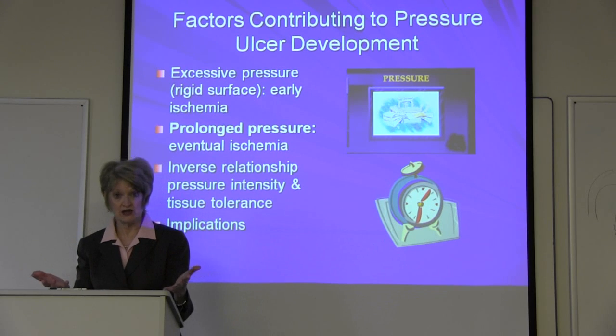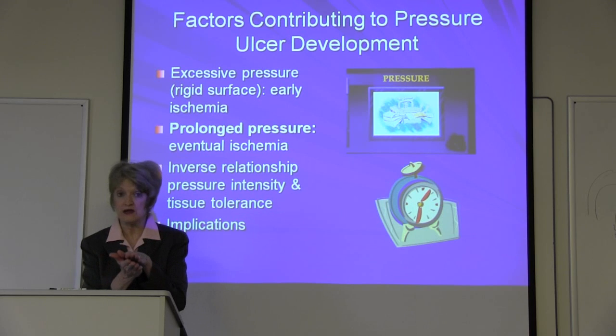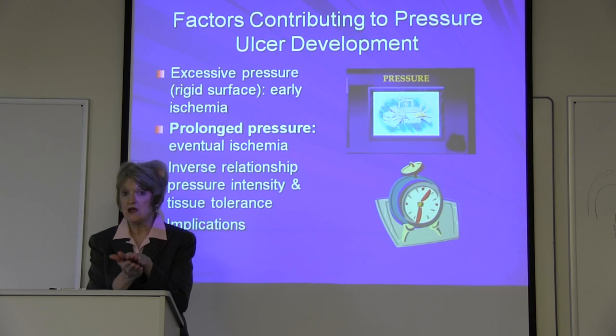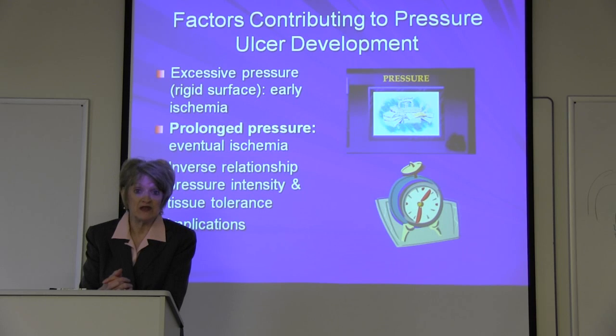So yes, we have the patient on a pressure-reducing surface. There's partial, not complete, compression of the vessels. But there's diminished blood flow to the tissues. Now, do those tissues become immediately ischemic, immediately hypoxic? No. But what if I leave that patient there for many hours? There's reduced blood flow, reduced blood flow, reduced blood flow.